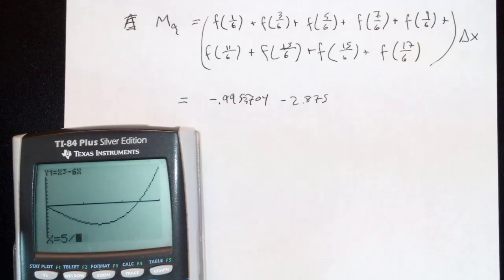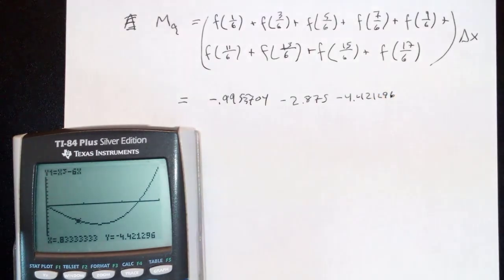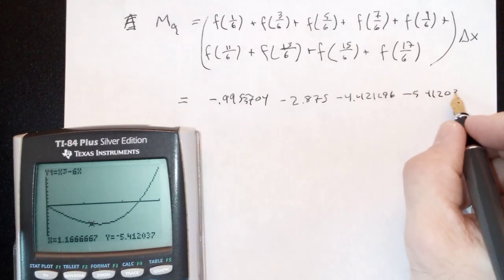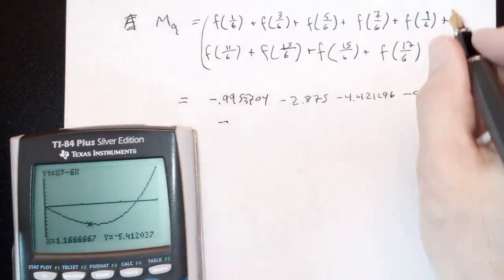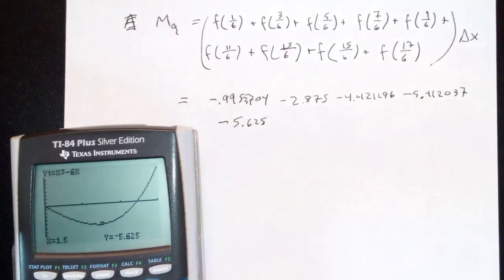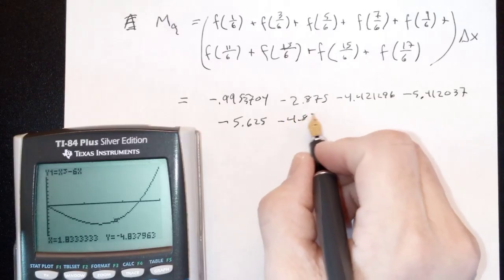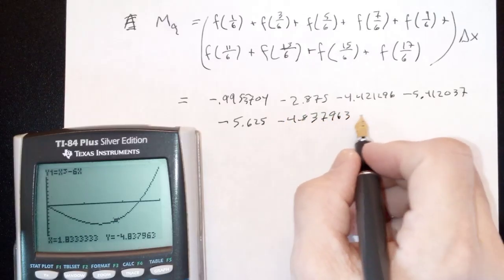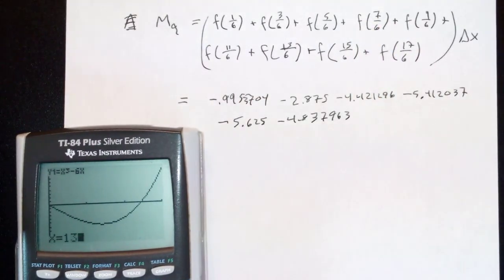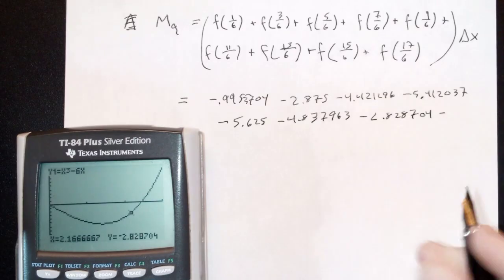I put in 5/6, negative 4.421296. 7/6, 9/6, 11/6, 13/6, 15/6.